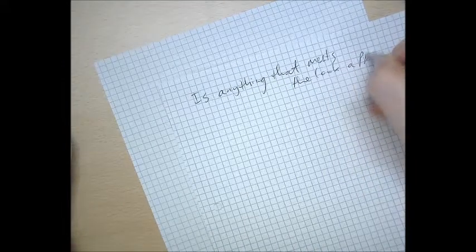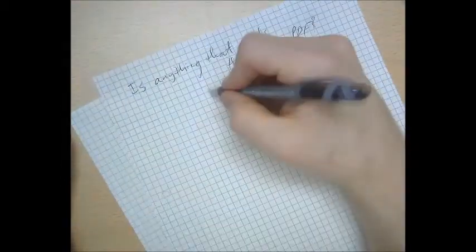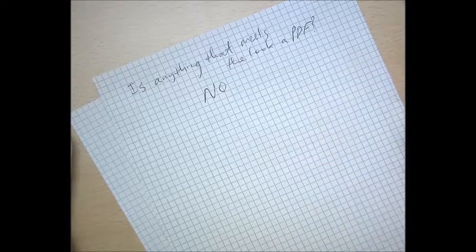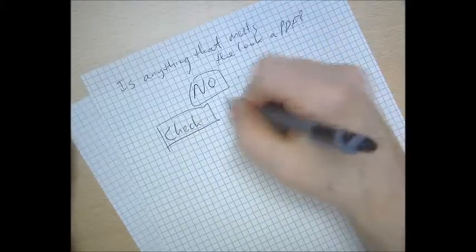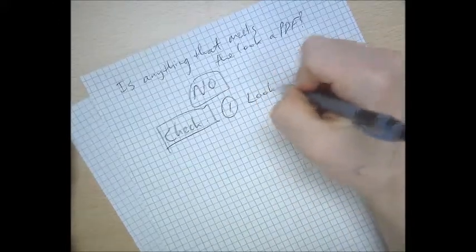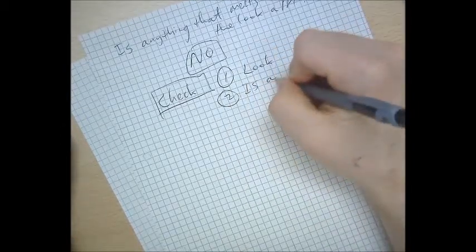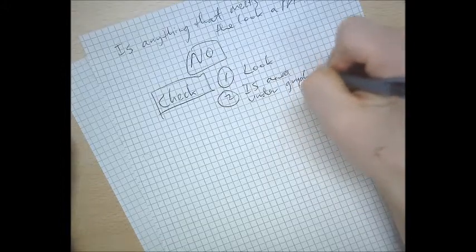Now this raises the question, is anything that looks like that a PDF? And the answer is no. So is anything that meets the look a PDF? And the answer is no. You need to do a couple of checks. First is the look. Okay? The second check is area under graph equal to 1?